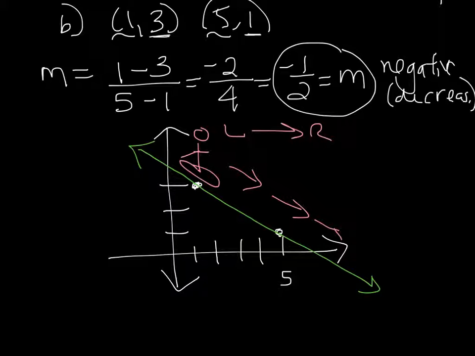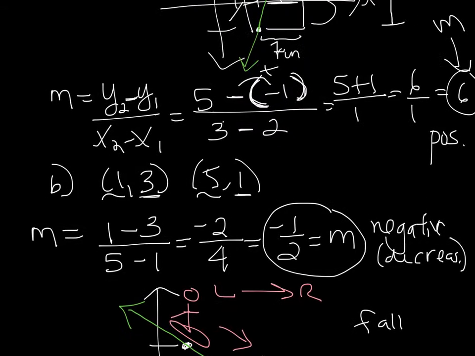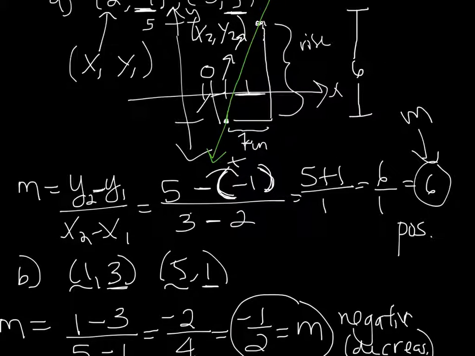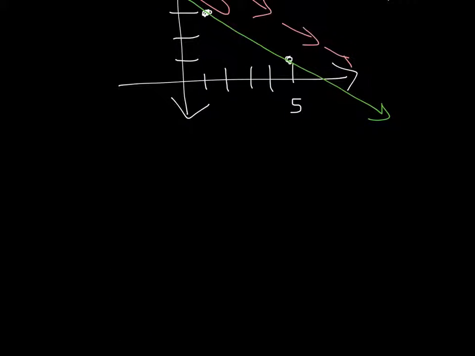As the book says, this graph is falling, because you're literally falling. And this graph, just to use the terminology, is rising. You're basically going up the stairs. That's really what the slope is. It's just a staircase.